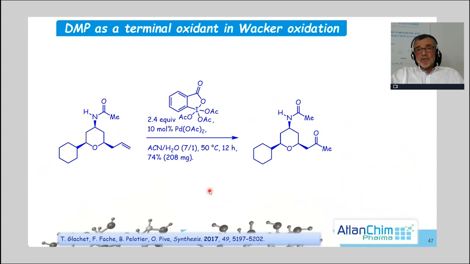Interestingly, no traces of aldehyde were detected in all the cases, confirming the high regioselectivity of this protocol.